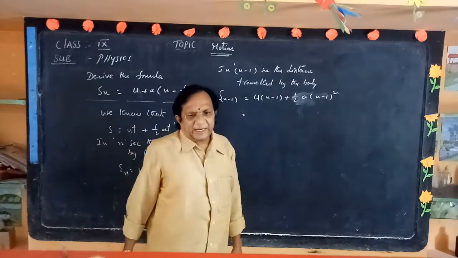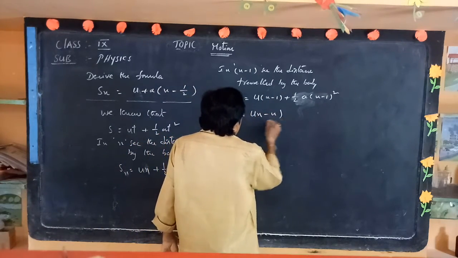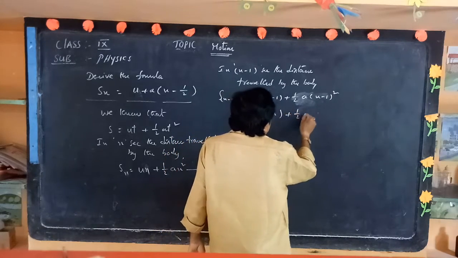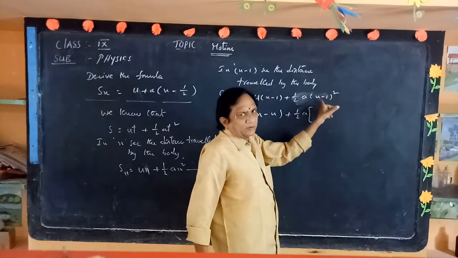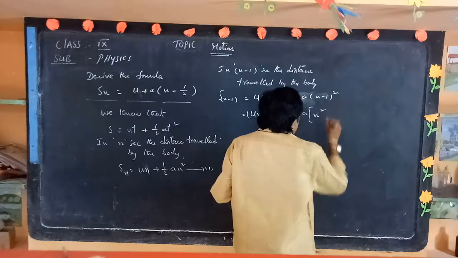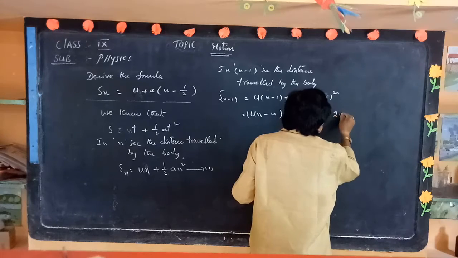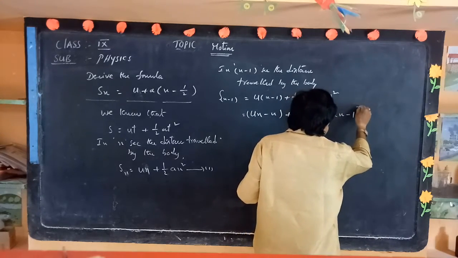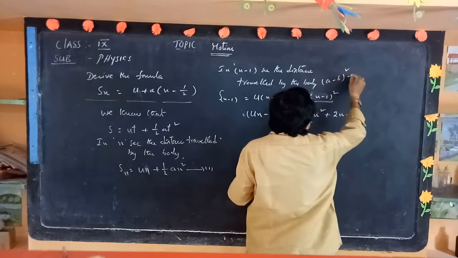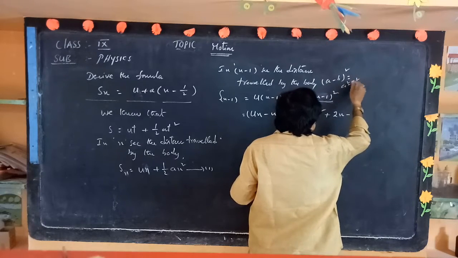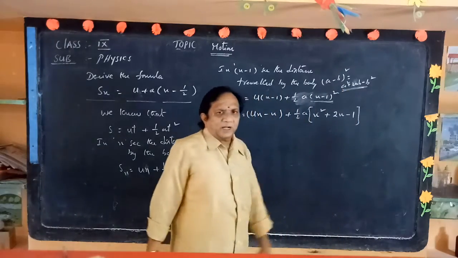So we write this as un minus u, that is u into (n minus 1), plus half a into the expansion. (a minus b) whole square is equal to a square minus 2ab plus b square, so here n square minus 2n plus 1.